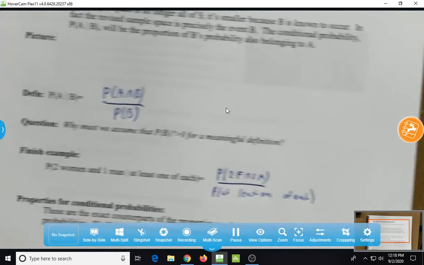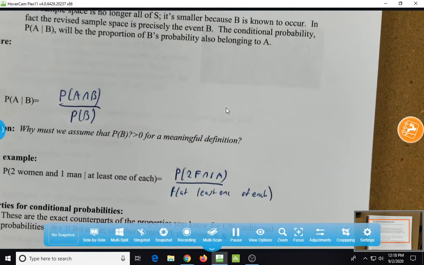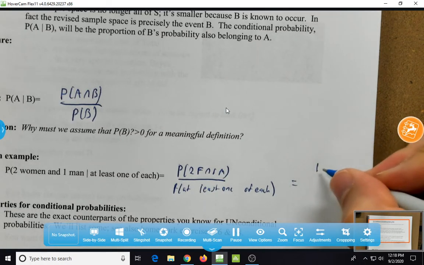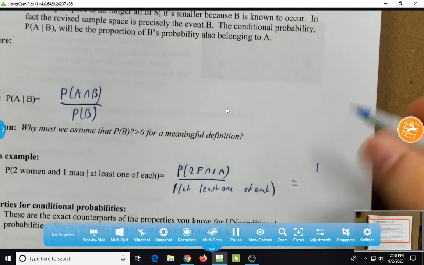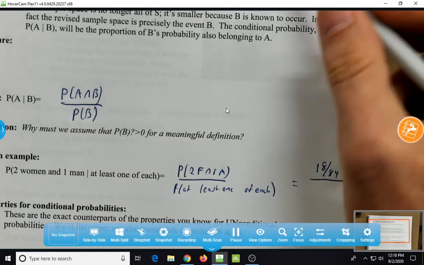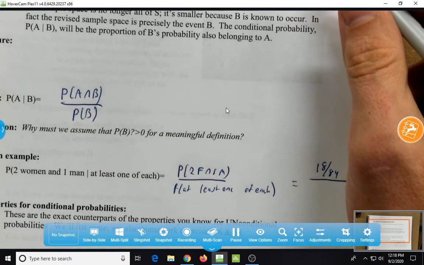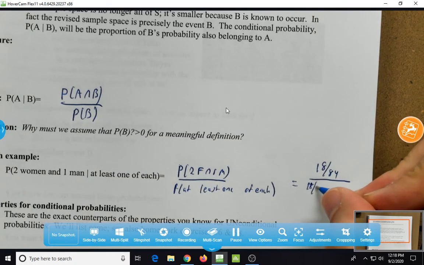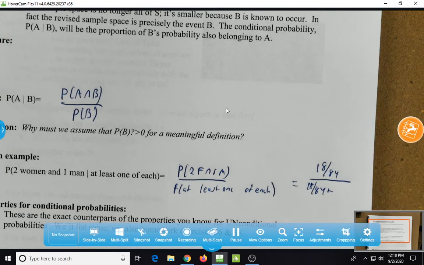In the numerator, we have, from up here, 18 out of 84. And so we could either have 2 female and 1 male, or what's our other possibility?